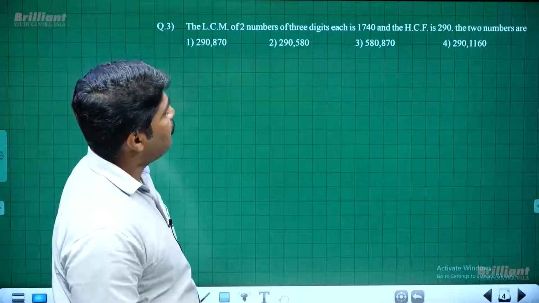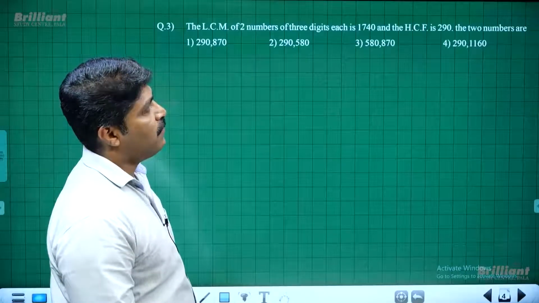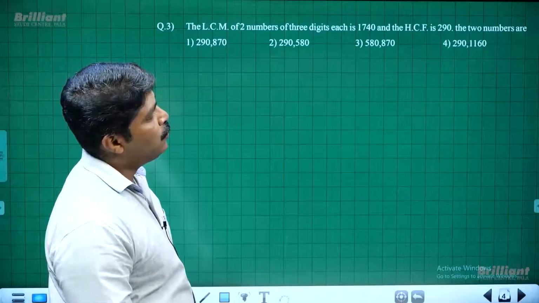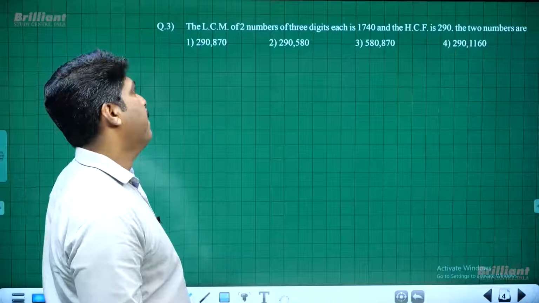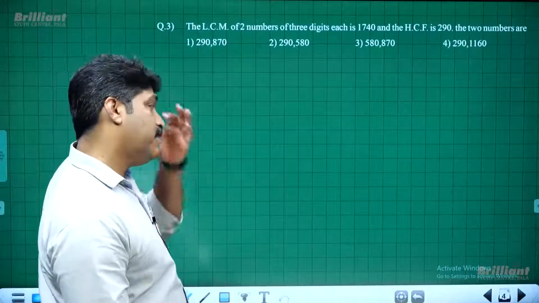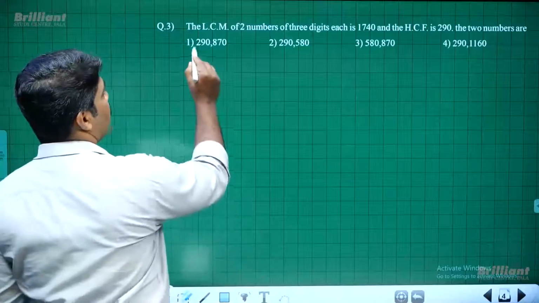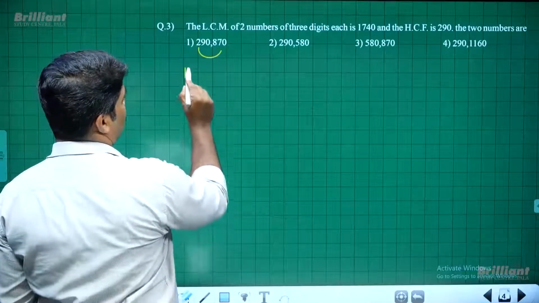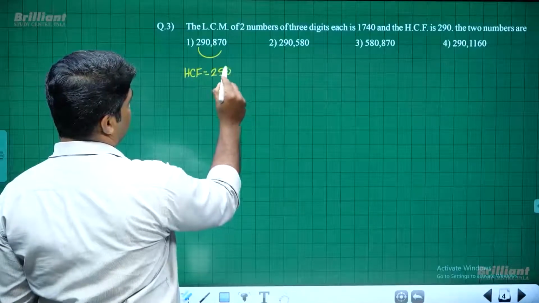The LCM of two numbers of 3 digits each is 1740 and HCF is 290. The two numbers are... So here we just simply consider the options. From the options, if you are taking this first option, by observation we know that HCF is 290.